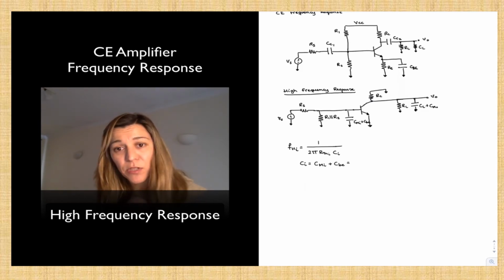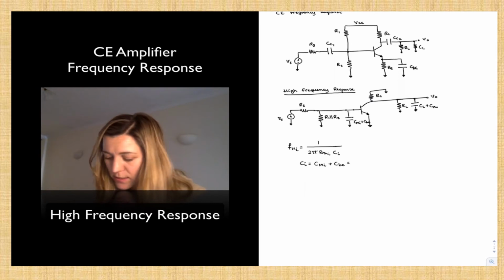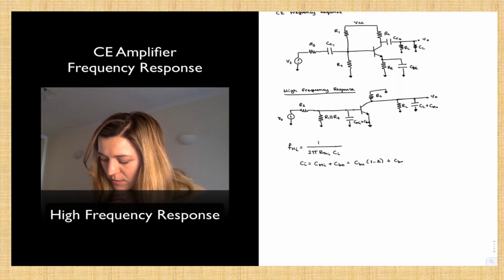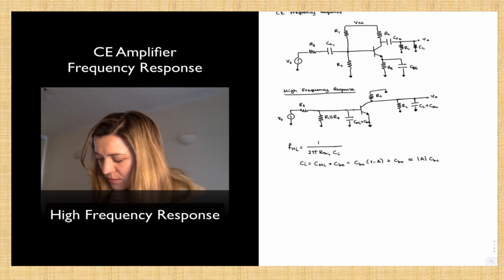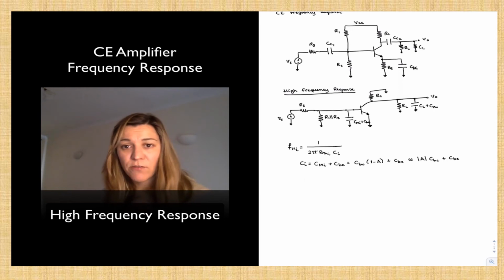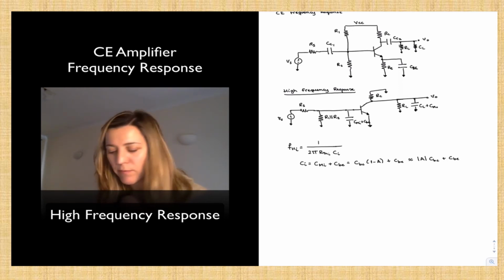And the Miller input capacitance is going to be equal to CBC times 1 minus A, plus CBE, or approximately equal to the absolute value of the gain times CBC plus CBE. And the reason for that is the gain for a common emitter amplifier is typically much larger than 1.